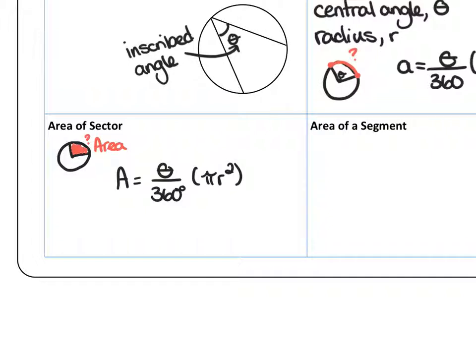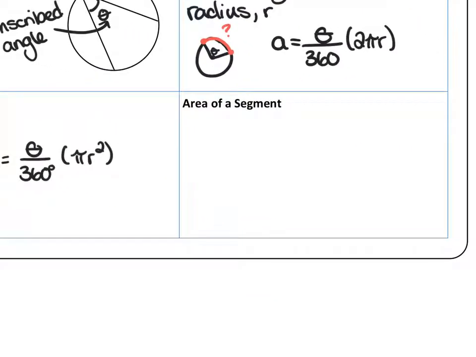And then the last thing is the area of a segment. That comes with the chord. In this case, you're looking for this area.